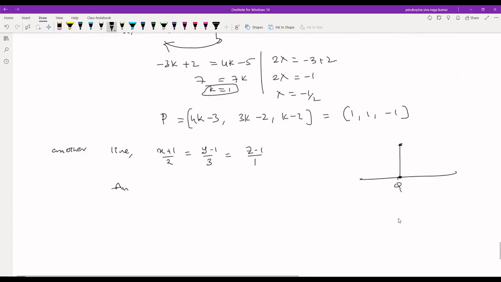So any point on this line, select some other parameter, say t, any point on this line: 2t minus 1, 3t plus 1, t plus 1. This is the Q point. And the P point we just now calculated, 1, 1, minus 1. And this line's DRs are 2, 3, 1. And they both are perpendicular to each other.